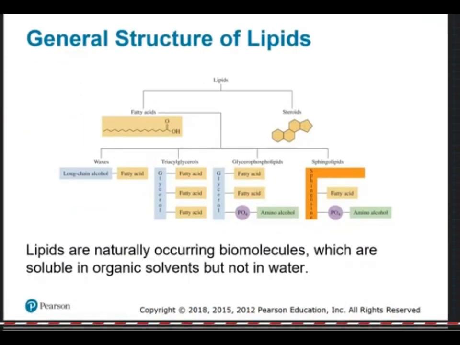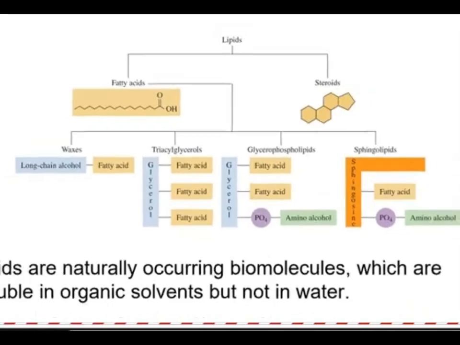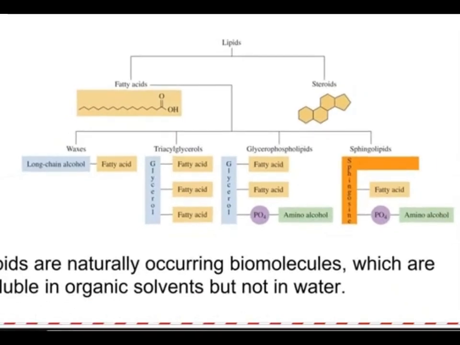So within the fatty acid realm, you can see that there are 4 subgroups. Triacylglycerols, we're going to talk about them. That's the energy storage, things like fat and oil. Glycerophospholipids.